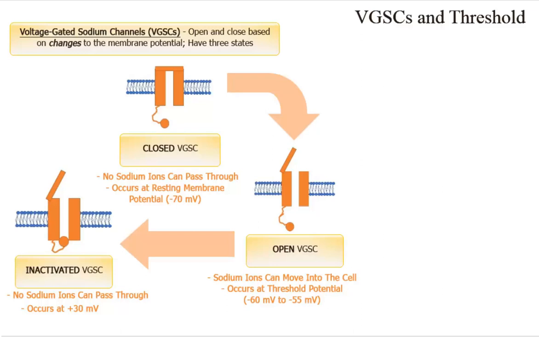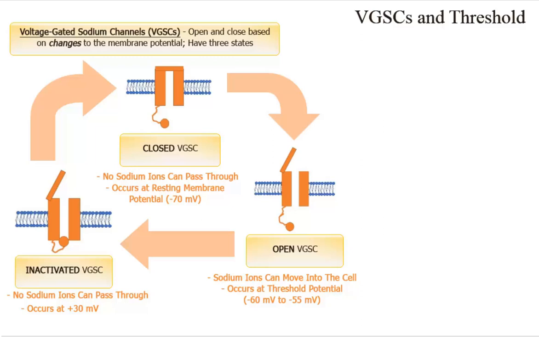And then from the inactivated state, they will go back to the closed state. Again, this will happen at resting potential of minus 70 millivolts. So the sodium channel has to go through these three states in this order. It has to go from closed to open, from open to inactivated, and then inactivated to closed. It cannot skip steps. So for example, it can't go from open straight to closed.